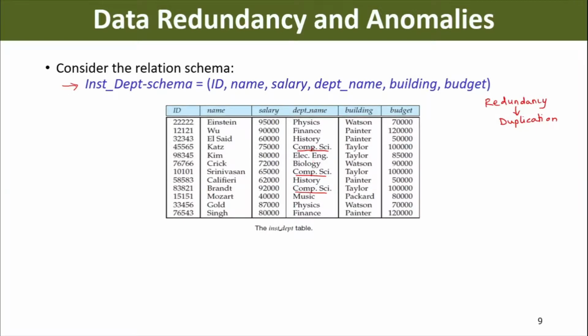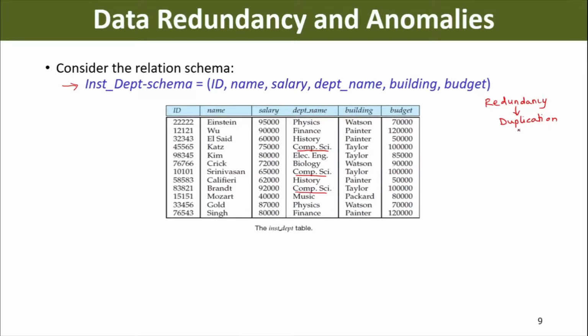In this instance, I am having 3 records with the computer science department, and please see here, the building and budget values are being duplicated. So in every record we need to store this building and budget value, right?